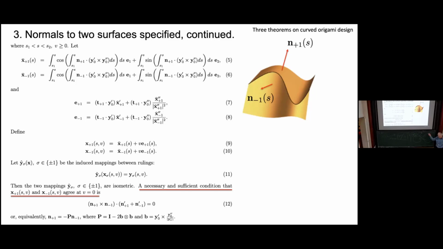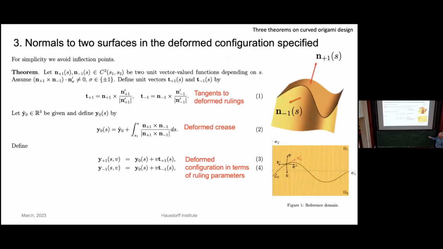Sometimes, for example in that Frank Gehry case, we wanted to have two different cases. So basically, in this case, we give the two normals and we get everything else. Even though this picture has inflection points like there, the theorem, at least the statement of the theorem, doesn't include that.